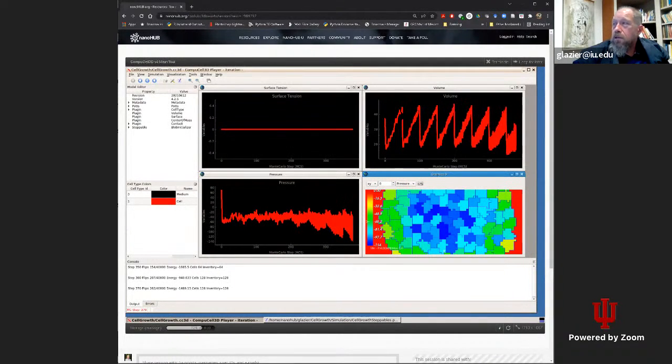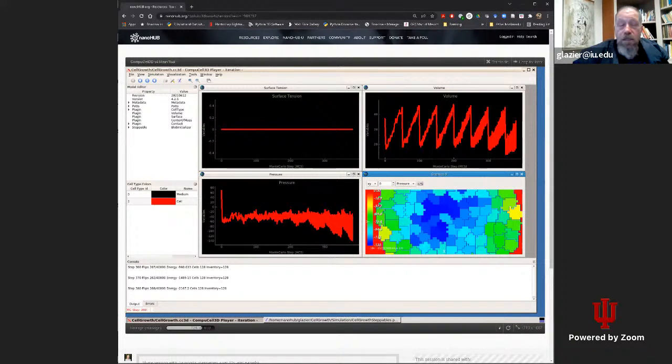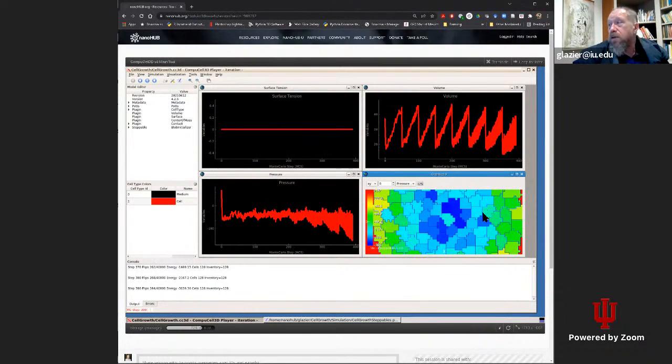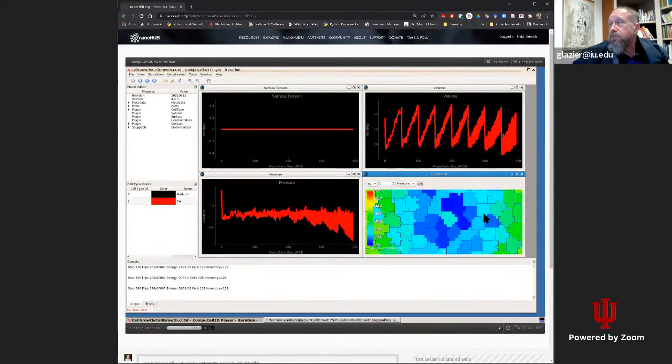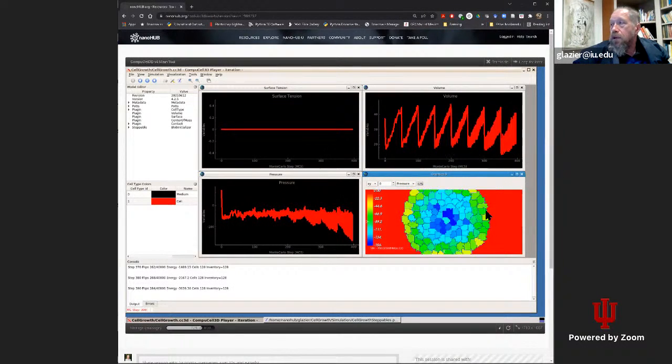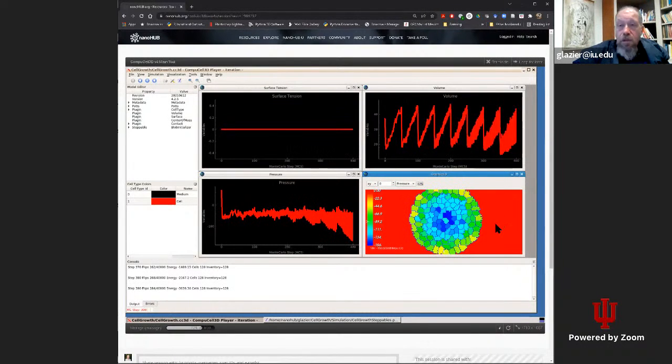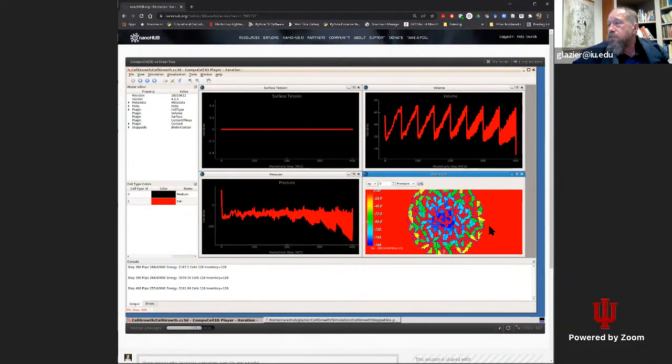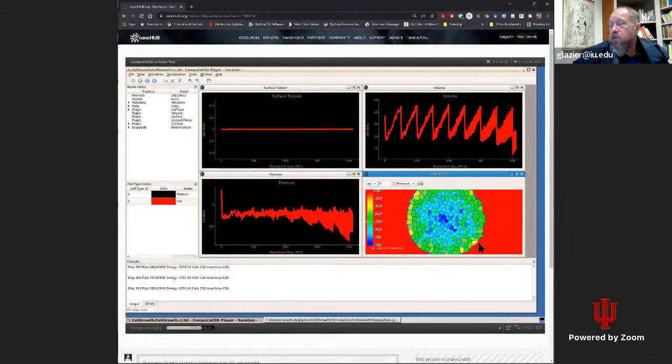In this case, you'll notice that everybody divides at exactly the same time, because the target volume is independent of the actual volume of the cells. You'll notice there's a big scatter of actual volumes. See, everything divides synchronously. Notice that the pressures get pretty complicated after a division, and then they rapidly equilibrate.